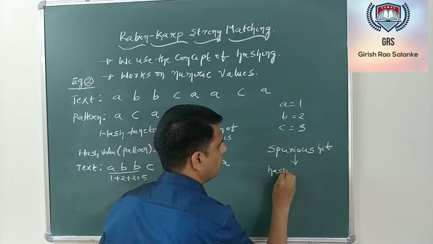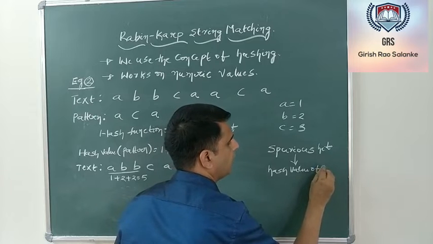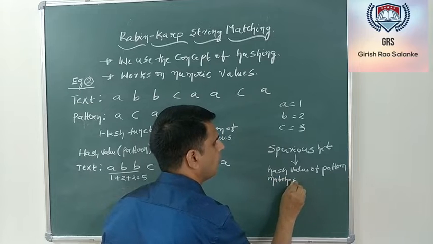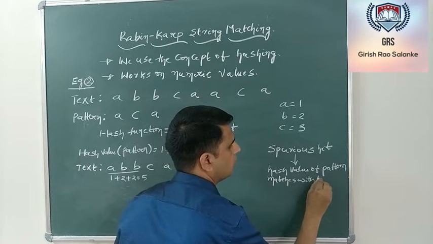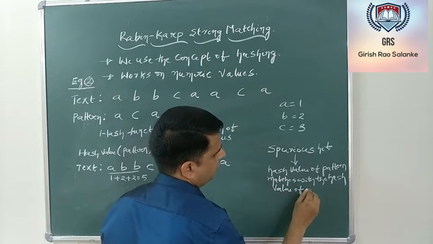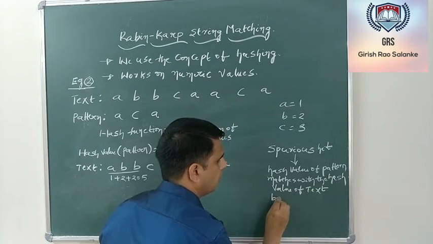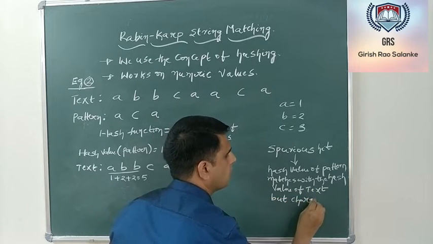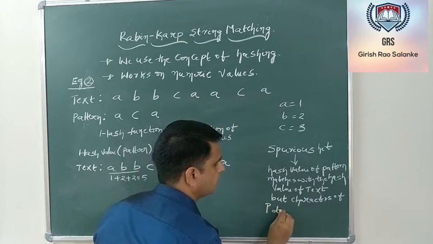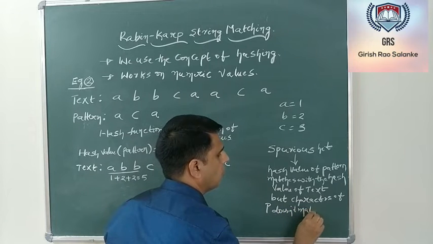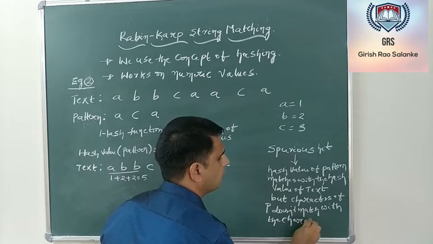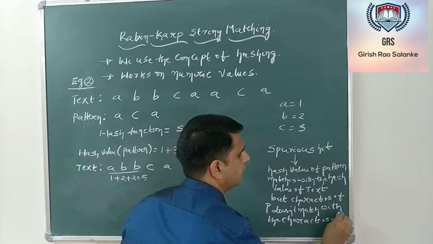The hash value of the pattern matches with the hash value of the text, but the characters of the pattern P do not match with the characters of T, which is nothing but the text.